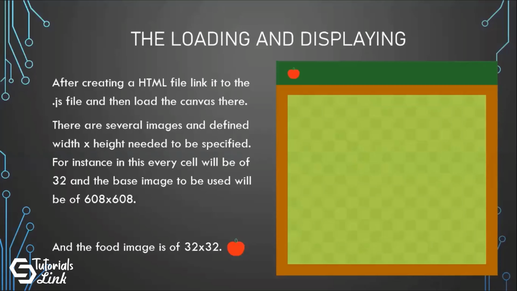You can see that here I have put an image of the ground. And here it is written that after creating an HTML file, link it to the JS file and load the canvas. Canvas is basically like a page or a paper on your website on which you work.